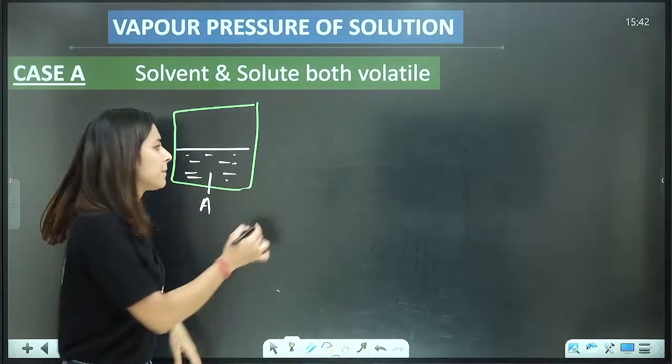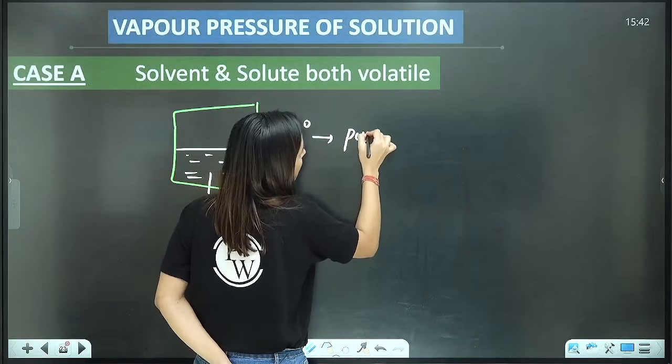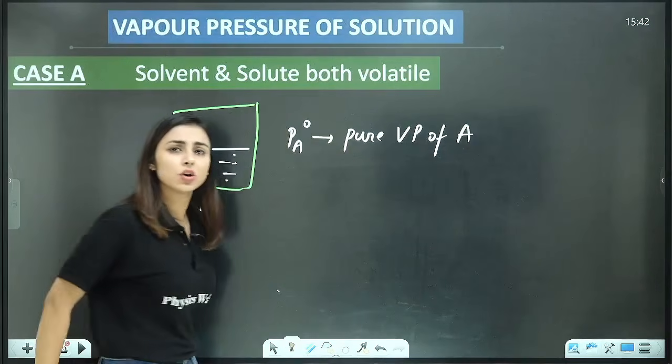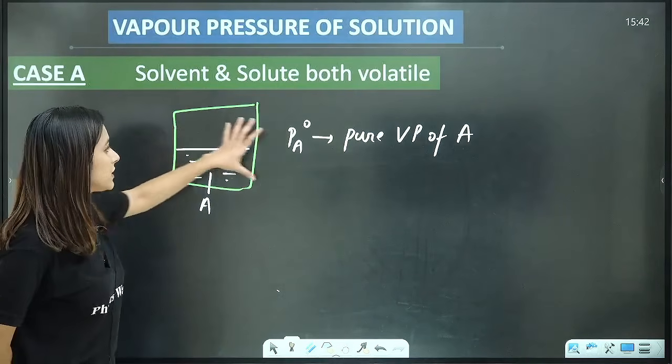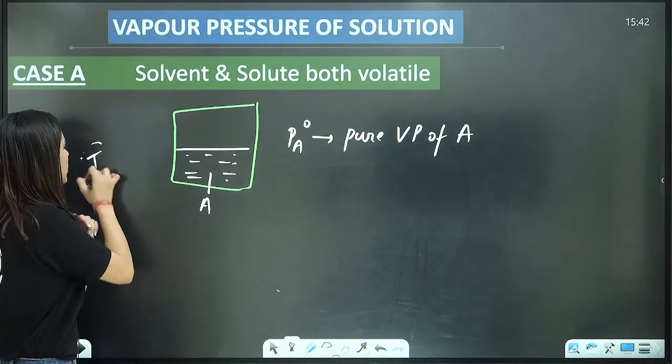Let us say PA naught is the pure vapor pressure of A. This is the pressure that A exerts at some particular temperature T.